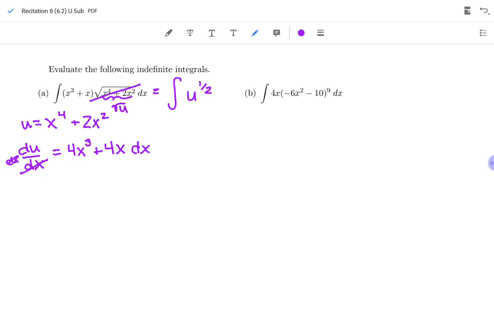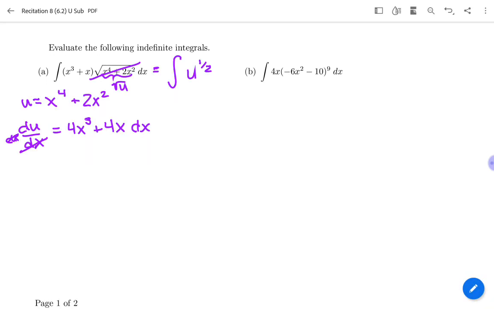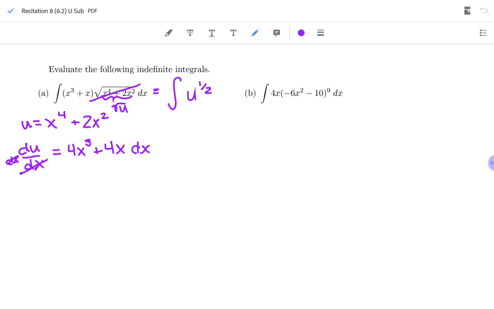The next thing that I want to think about is, do I have a perfect du? So I'm going to switch colors here, and I'm going to think about what I need for my du. I need a 4x cubed plus 4x dx. Well, I have an x cubed, I have an x, and I have a dx, but I need these to be 4x cubed and 4x. So if I could just put a 4 in here, that would make it 4x cubed plus 4x, and I have the dx over here.